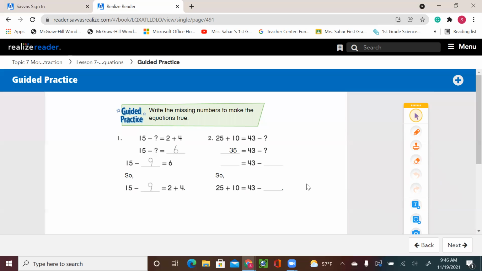So again here, 35. All right. So if I subtract 43 minus something, it gives me 35.